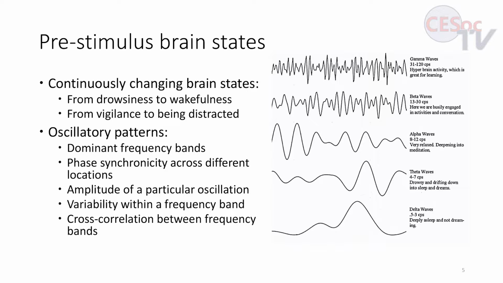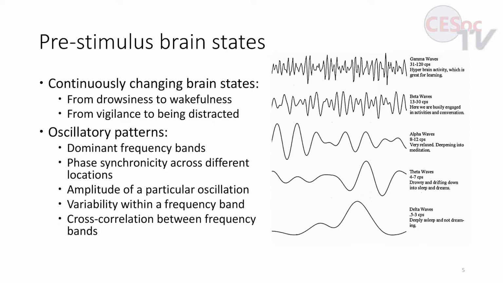And we all intuitively understand that we are continuously changing from one brain state to another. We can feel drowsy, or we can be fully awake, or we can pay attention or be distracted. And these can be characterized by different oscillatory patterns.